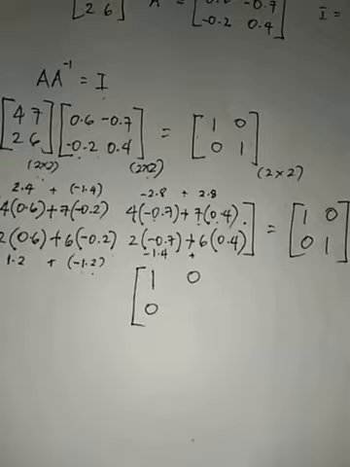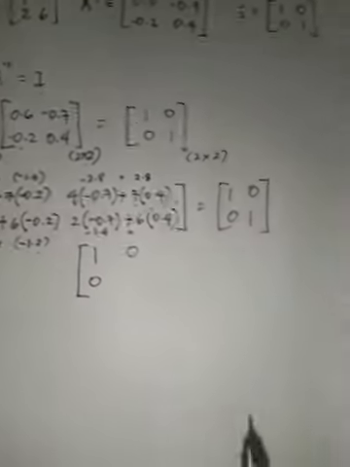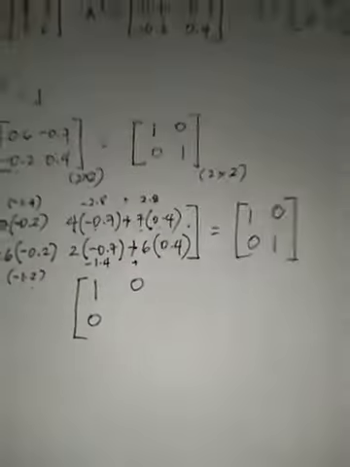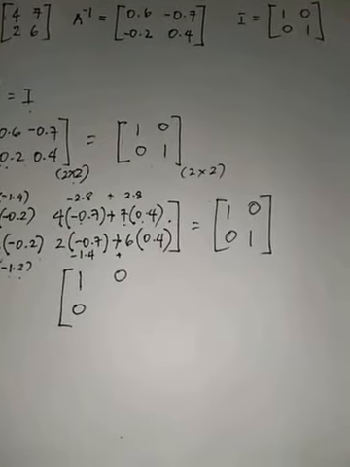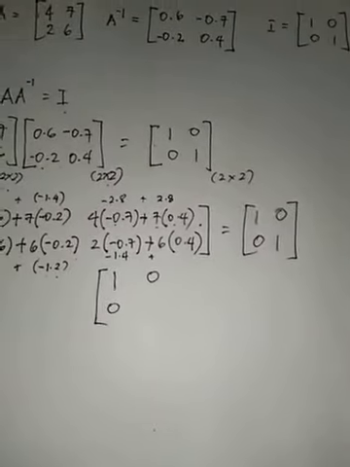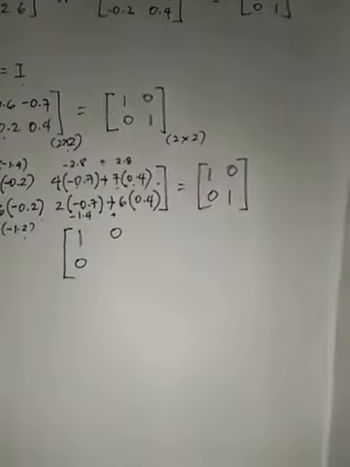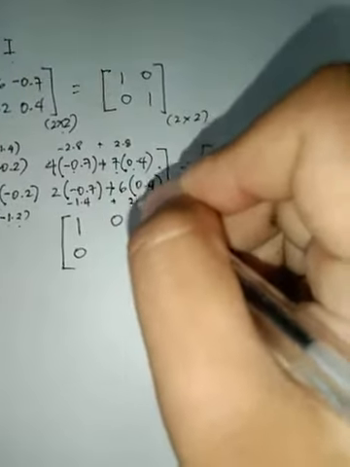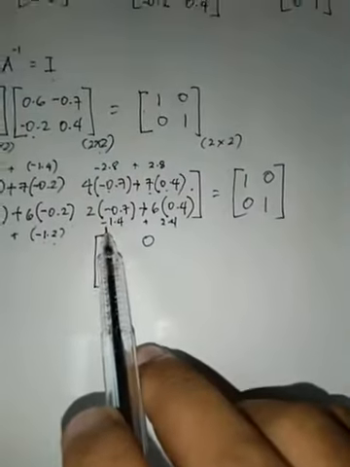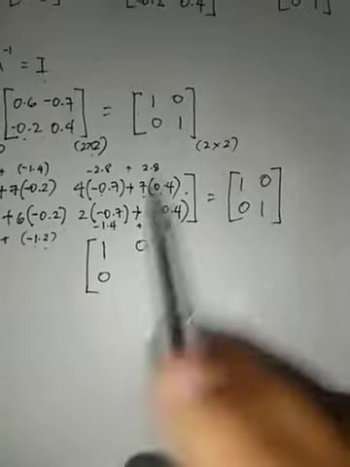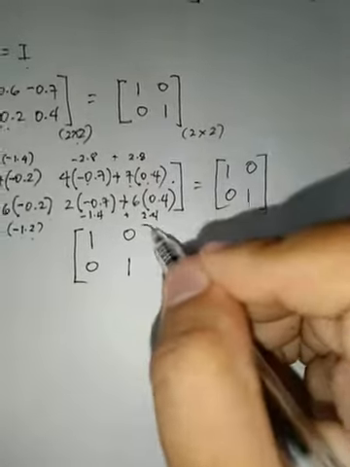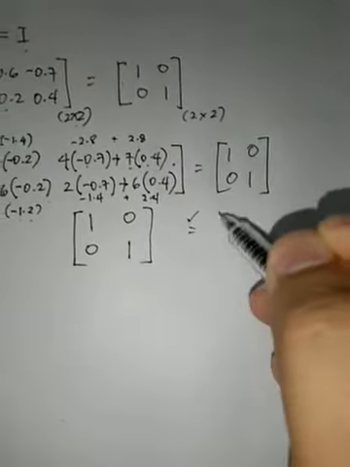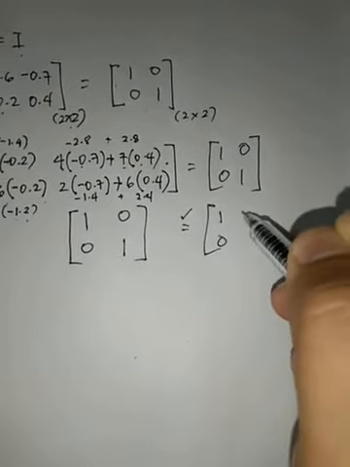So the result is 2.4. Okay. Negative 1.4 plus 2.4, the result is 1. Okay, so therefore, check.